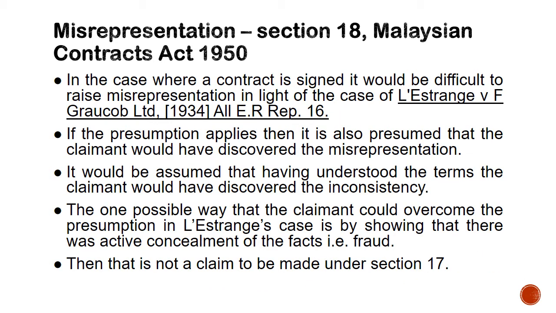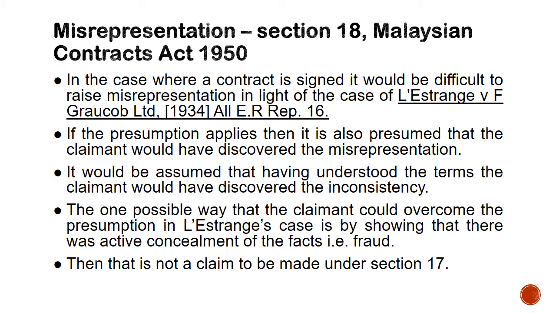Now, where the contract is signed, it is also difficult to raise misrepresentation in light of L'Estrange v Graucob. If you don't remember this case, I would recommend you go back to the lecture on exclusion clauses and terms so that you can refresh your memory on what principle the case mentions.